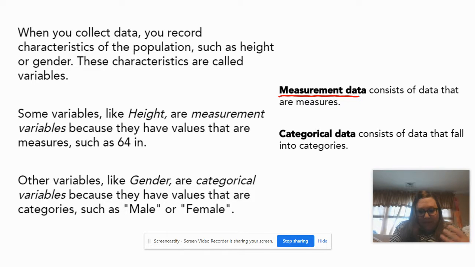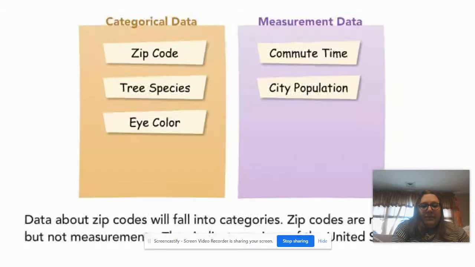Anything that's like a type of measure. And then categorical data is pretty much any other kind of data that falls into categories. So, like gender or, I don't know, favorite colors, things like that, you would pick a category rather than a specific number. So I just want you guys to keep that in mind, the two different types of data.